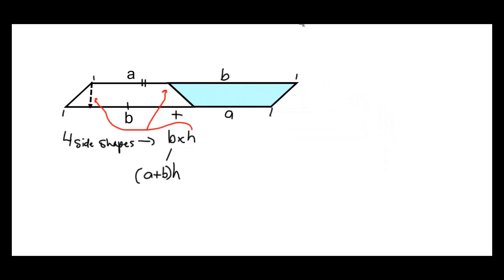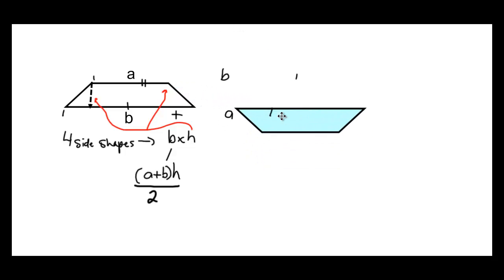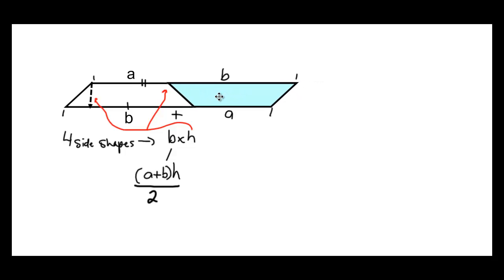And how do we get rid of 1/2 in math? Well, we divide by 2. So the A and the B formulate the base of the parallelogram times the height of the parallelogram, and then the trapezoid is only half a parallelogram. Much the same as a triangle is only half a rectangular shape.